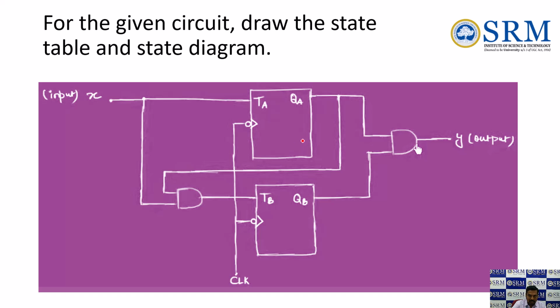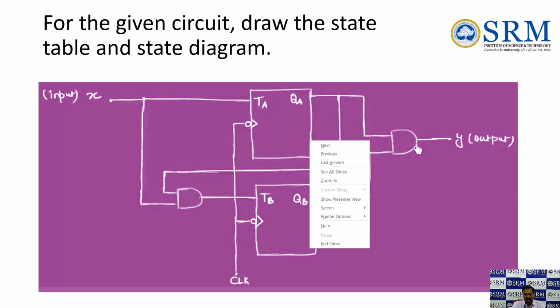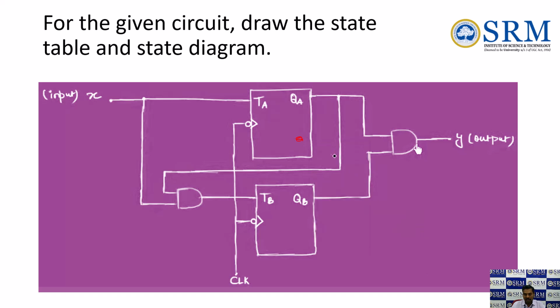So QA bar is a complement and QB bar is the complement. But in our circuit, we are not using this conjugate part, that is, the complement of the outputs, hence we need not bother about this.